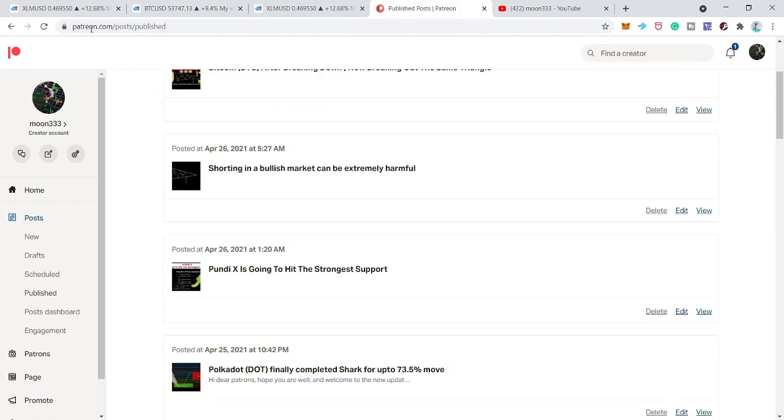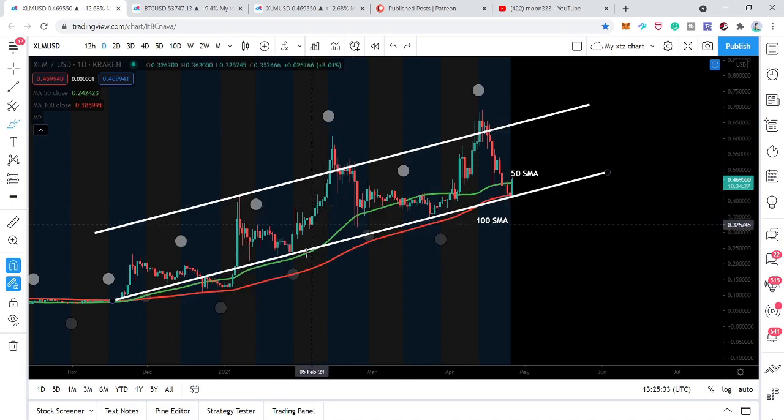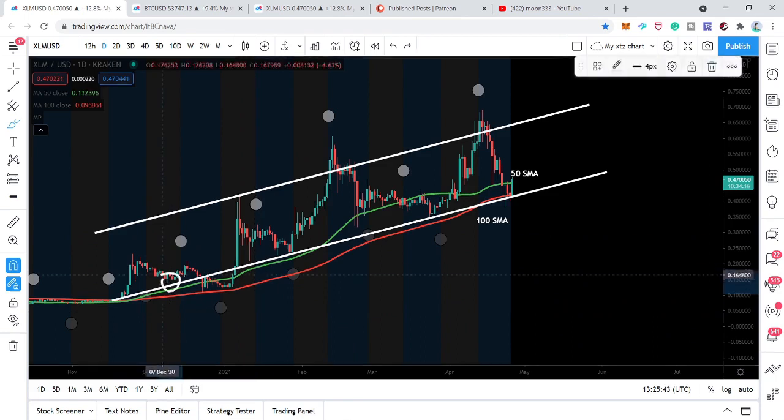First of all, I want to show you this live daily time frame chart. Here we can see that the price line has formed this up channel and is moving very well between the resistance and the support of this channel. We have some additional supports, like previously we had the 50 and 100 simple moving averages.